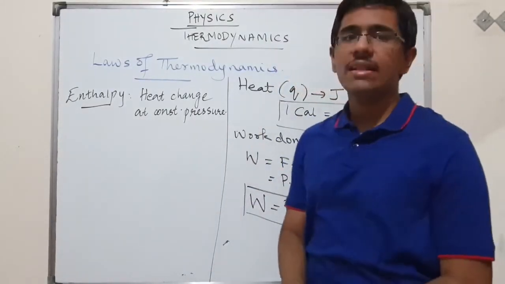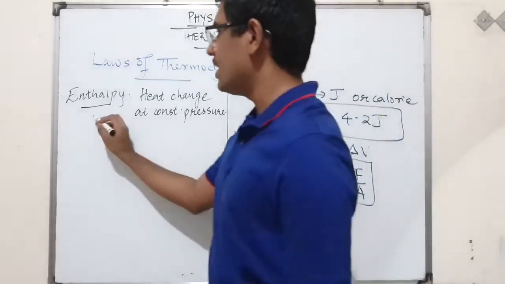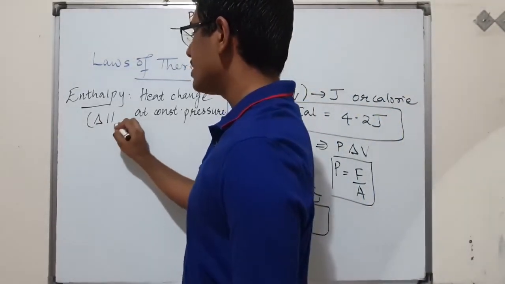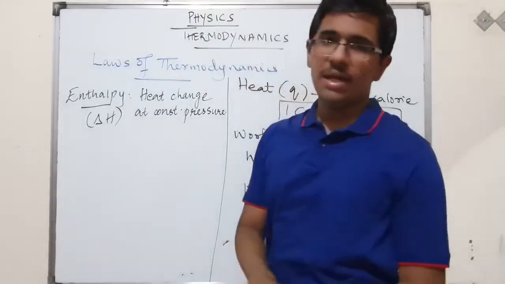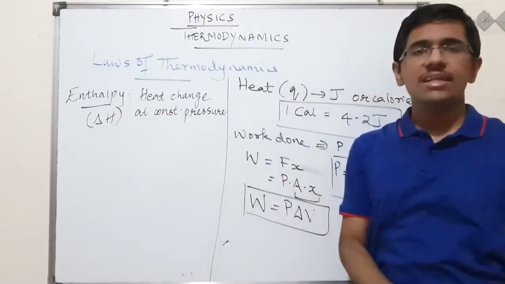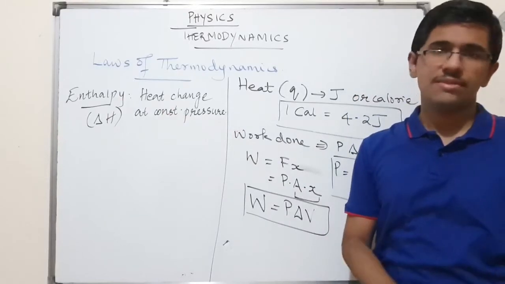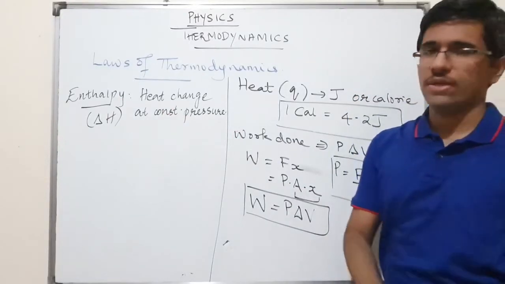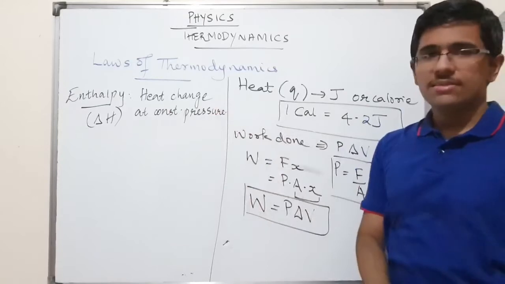This is known as enthalpy. Enthalpy is denoted by the letter H, and change in enthalpy by delta H. So delta H indicates the change in enthalpy of a particular substance. These are new words, okay?